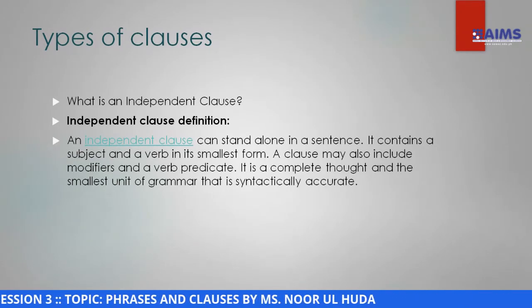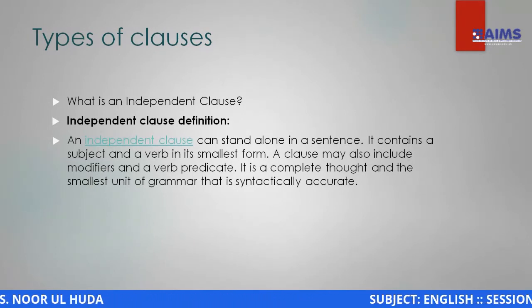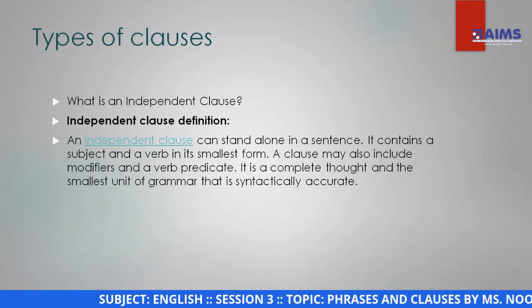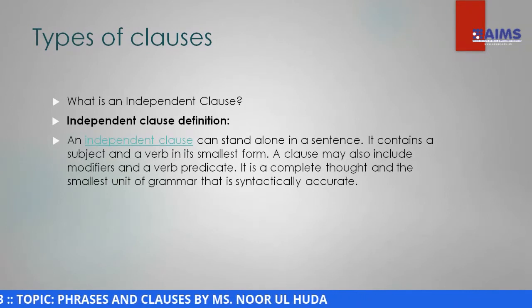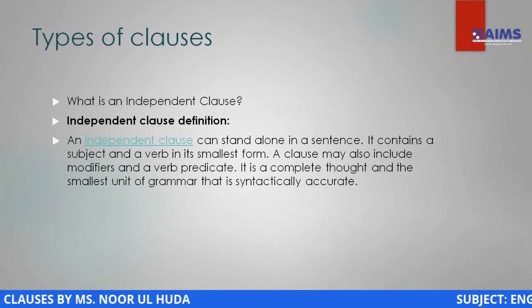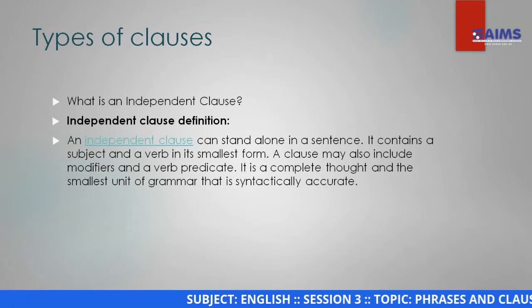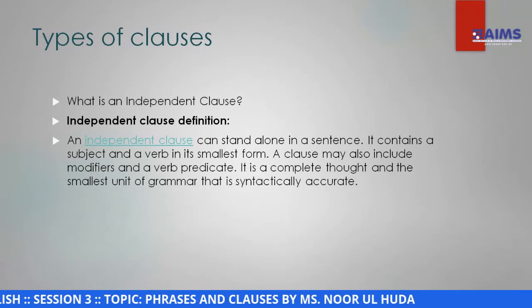A clause may also include modifiers, just like written here. Modifiers means additional information. And a verb predicate, that is, after the subject and the verb, the details we have are called the predicate. It is a complete thought and the smallest unit of grammar that is syntactically accurate, meaning structurally and meaningfully.